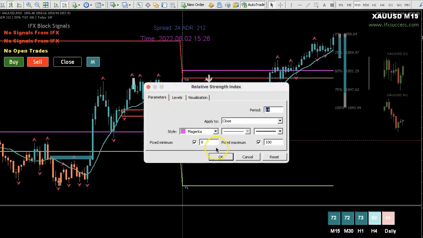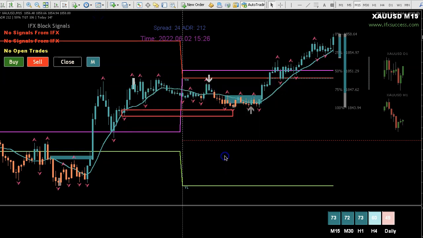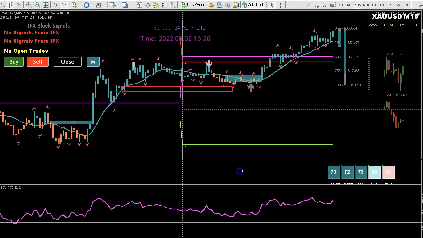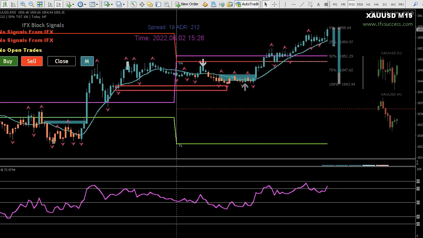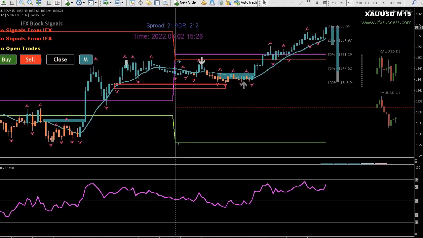So if I add here the RSI on 14, what is the difference between the overbought and the trend one? Very, very simple. In here, if the market, let's say for example, is above 70, or if it reaches 80, that means we are overbought, and if we get a block, then it should give me an entry.